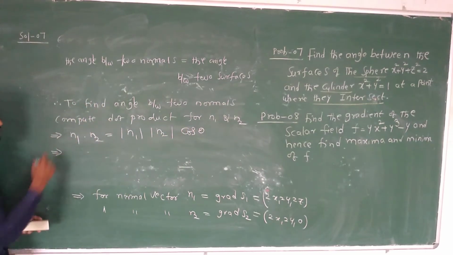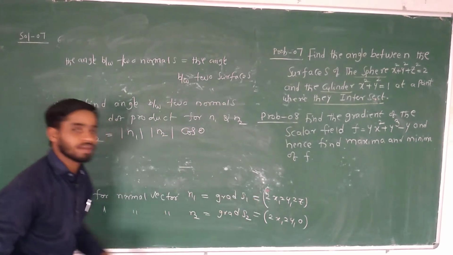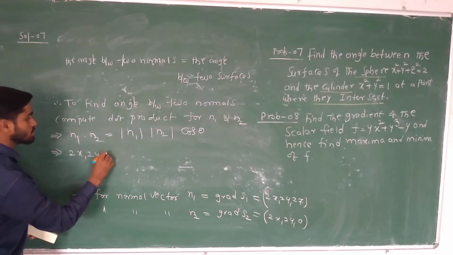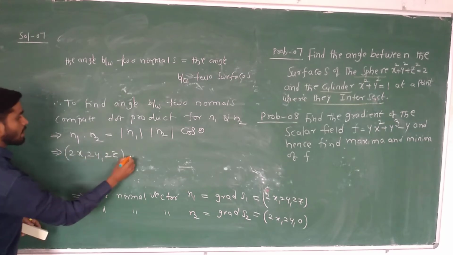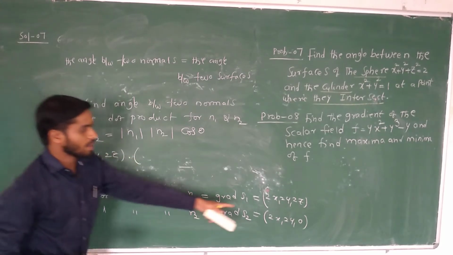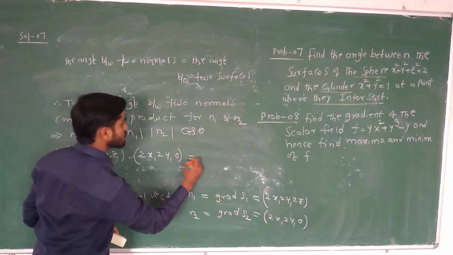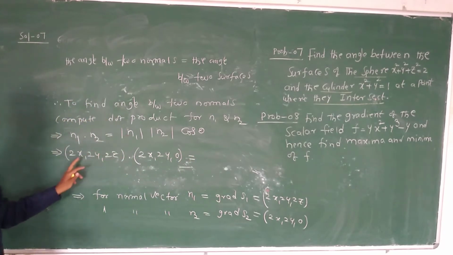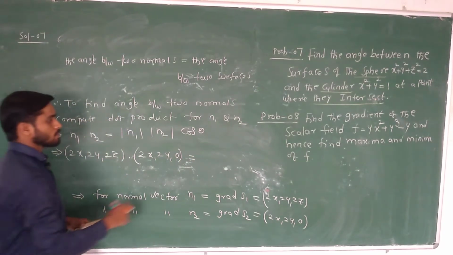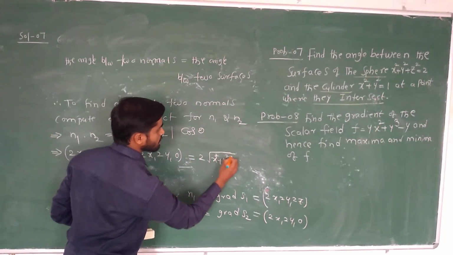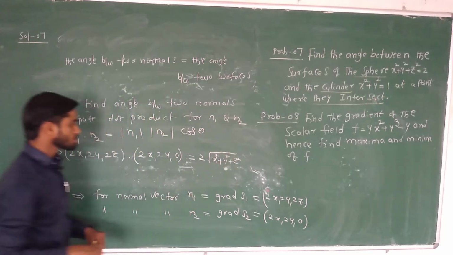So what is N1? N1 is equal to 2x comma 2y comma 2z, dot product with N2, which is equal to 2x comma 2y comma 0. Magnitude of N1 is the square root of 4x square plus 4y square plus 4z square. Taking the square root of 4 outside, you get 2 times square root of x square plus y square plus z square.